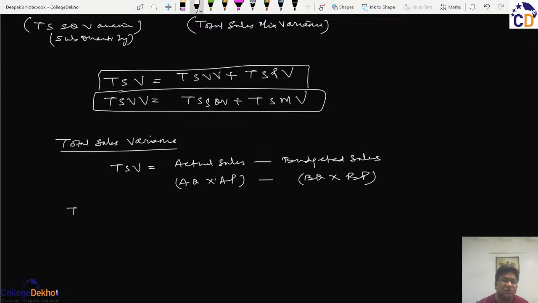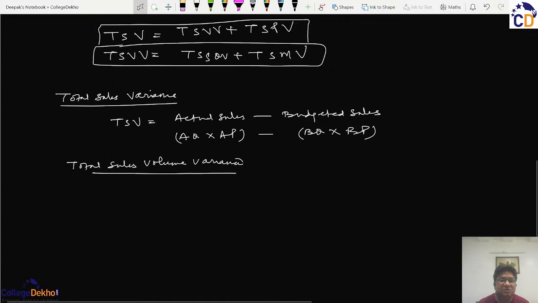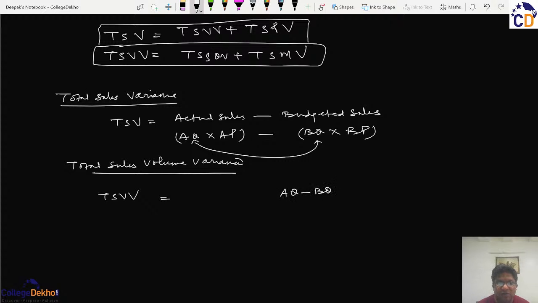Now, if we come to the two constituents, that is the total sales volume variance. As the name suggests, this variance measures the impact of the difference in quantity on the total value of variance. So this total sales volume variance will be equal to the difference in the quantity, that is actual quantity minus budgeted quantity, multiplied by the budgeted price.